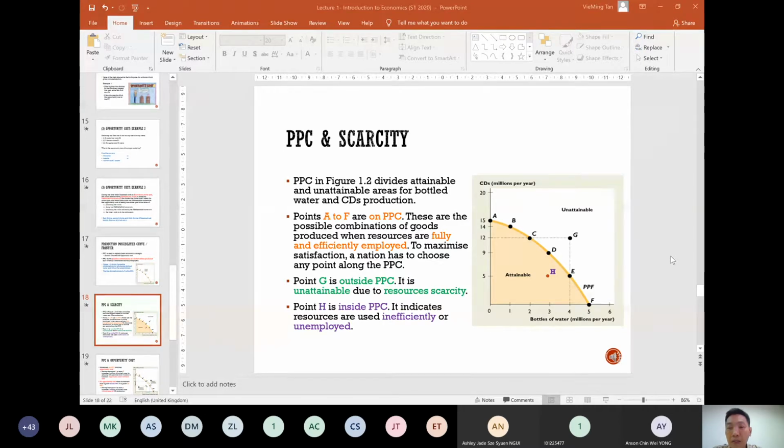Can you recall any other factors of production in your mind, that can transform the input into output? Can you recall, Becky Ting? Cannot. Okay, then.